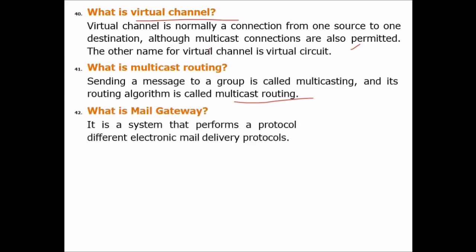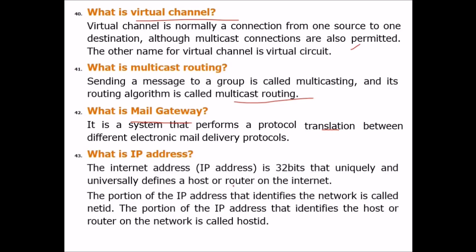What is mail gateway? It is a system that performs a protocol translation between different electronic mail delivery protocols. What is IP address? The IP address is a 32-bit address that uniquely and universally defines a host or router on the internet. We have class A, B, C, D, E addresses.